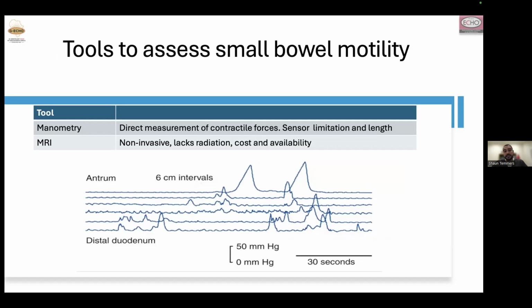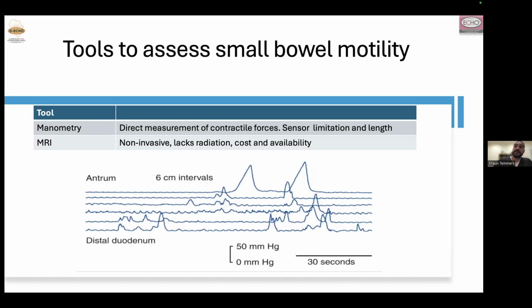You can see in the graph below, this is a report from a small intestinal manometry where you can see the probe within the distal duodenum, and it's sort of in that second phase of the MMC where there are chaotic contractions, but small and high amplitude.